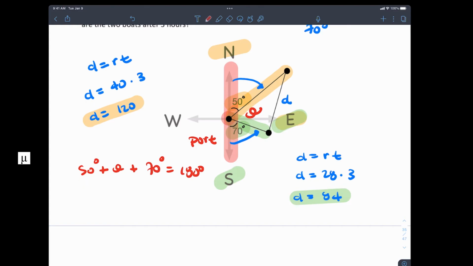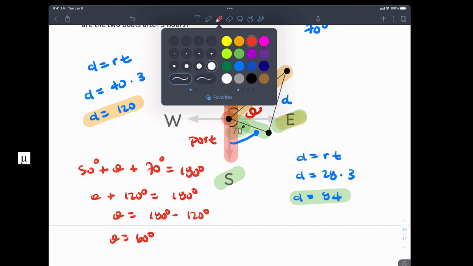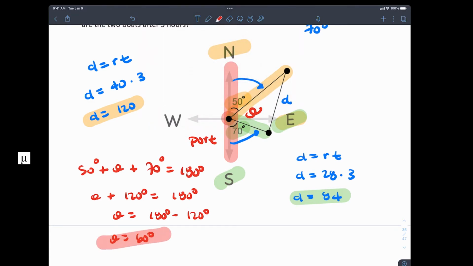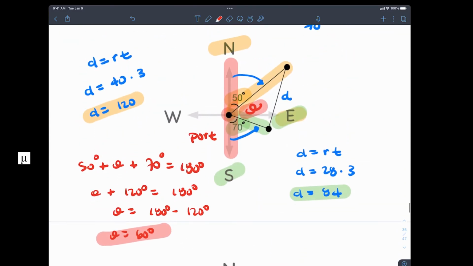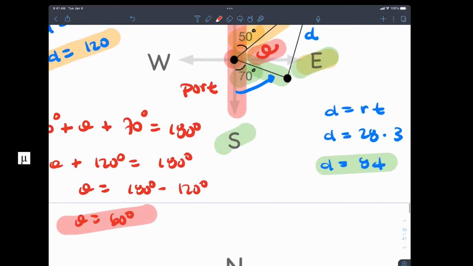So theta now plus 120 degrees is 180 degrees. So theta is going to be 180 minus what? 120. What is theta? 60 degrees. So this is where you get your 60-degree angle.